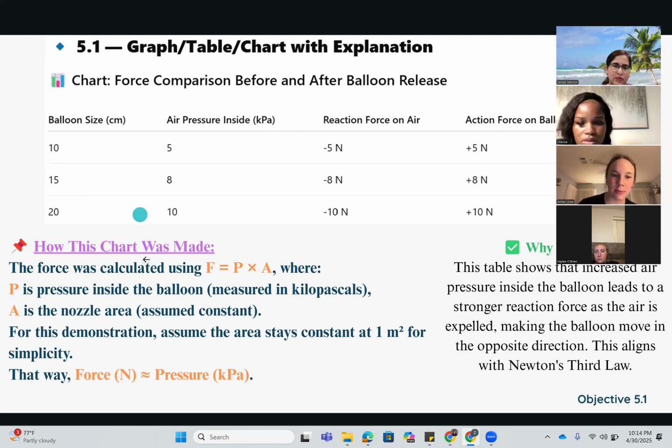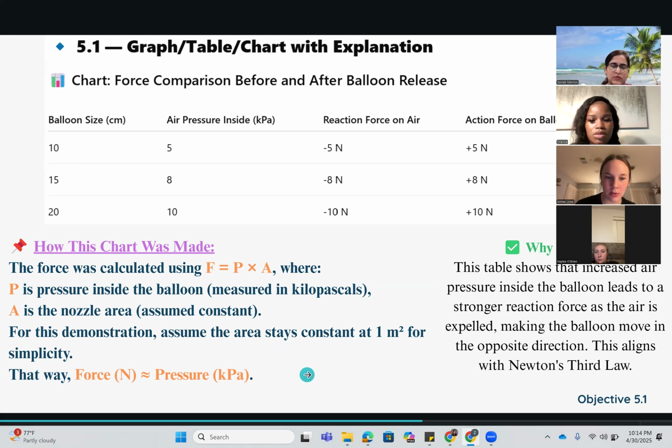How this chart was made: the force was calculated using force equals P times A, where P is pressure inside the balloon measured in kilopascals, and A is the nozzle area, assumed constant. For this demonstration, assume the area stays constant at 1 meter squared for simplicity. That way, force in newtons equals pressure.